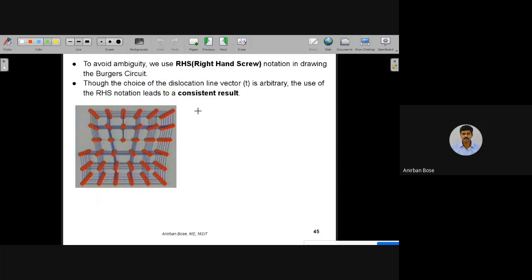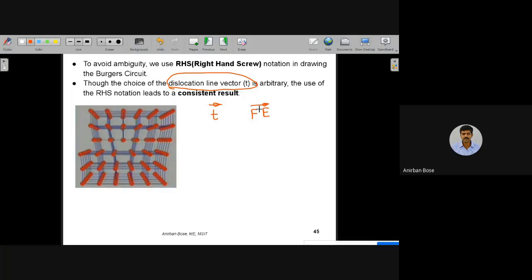Here our dislocation line is FE. FE is the dislocation line. So now let us define a quantity which is called the dislocation line vector, given the symbol t, and this particular vector is basically, let us consider this is FE.